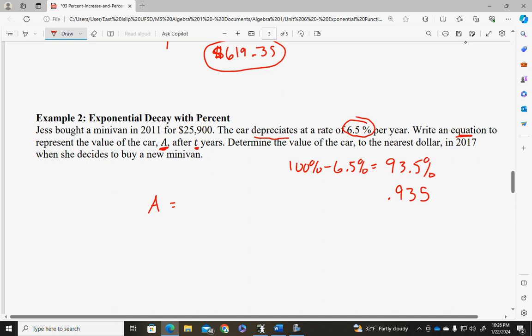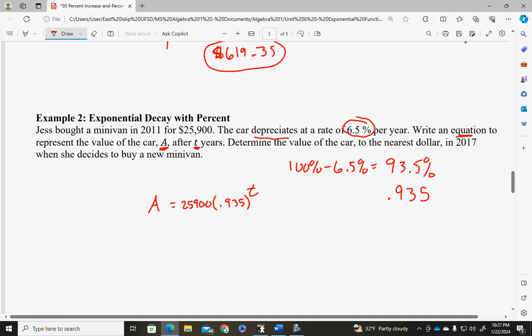And the initial cost of the minivan was $25,900. My base is the 0.935. It is depreciating or decaying, and that's why it's a number between 0 and 1. And we have to raise it to the t power. We're using a t because that's what they told us to use for years.